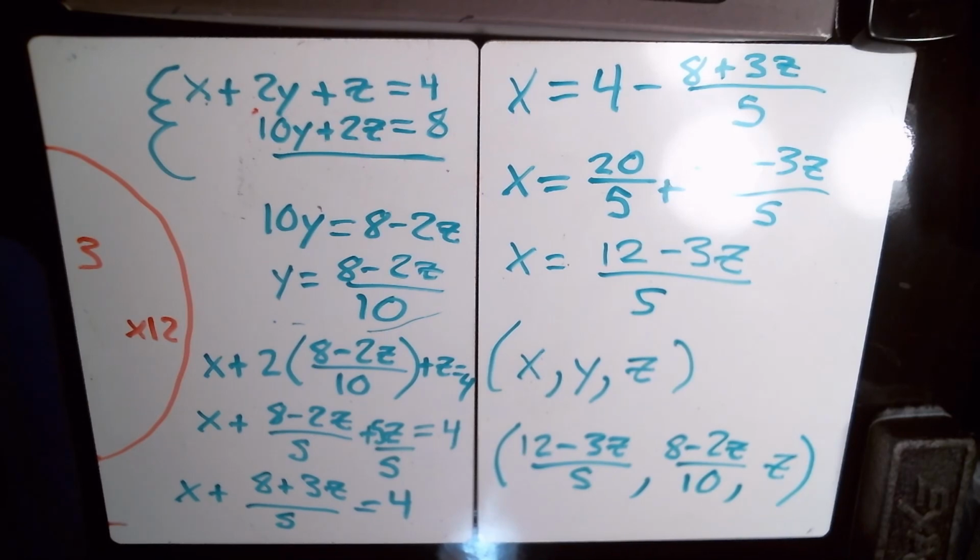You can pick any z that you want and plug it in to this point and get a solution for this system. Okay? So that's an example of where you have infinitely many solutions with 3 variables, kind of how you do that.